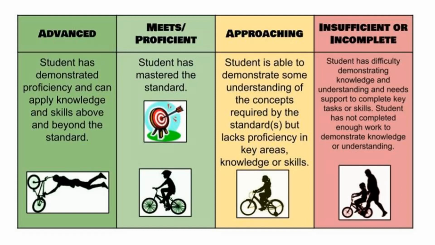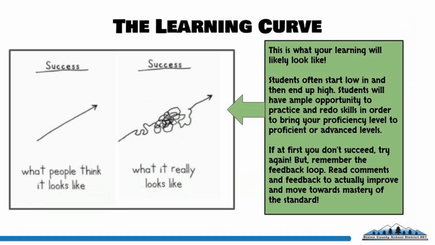So you can see this is how it is different than a traditional grading system. Knowing that a student earned a C in a class tells me nothing about what skills they have actually mastered. Often, we are looking for a growth mindset in this, and the learning curve, often what we think it looks like is this straight line on the left, but honestly, having done this, it really looks more like the right.